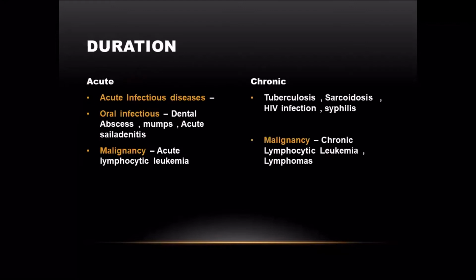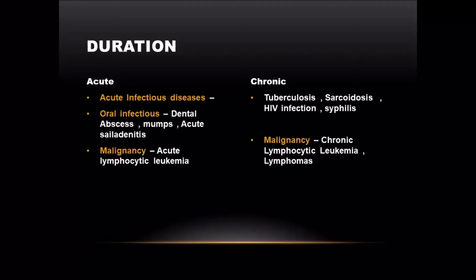As far as the duration of cervical lymphadenopathy is concerned, if the lymph node enlargement occurs within 2 weeks of the initial exposure or the beginning of the disease, it is considered as acute cervical lymphadenopathy. If it occurs more than 2 weeks after the onset of the disease, it is considered as chronic cervical lymphadenopathy.